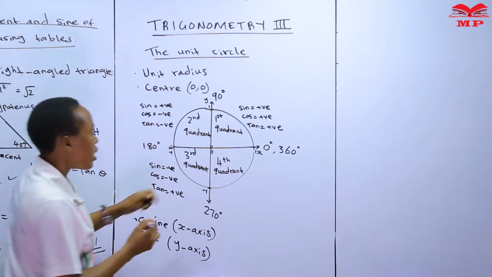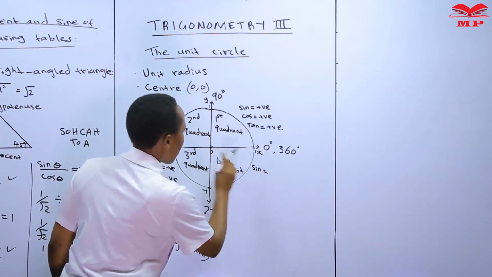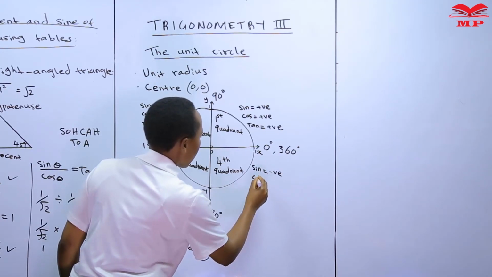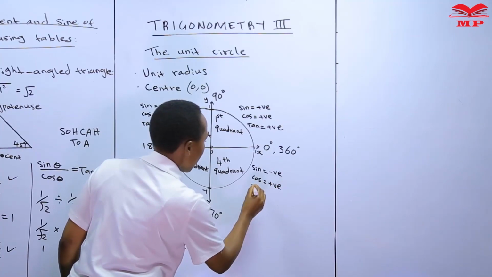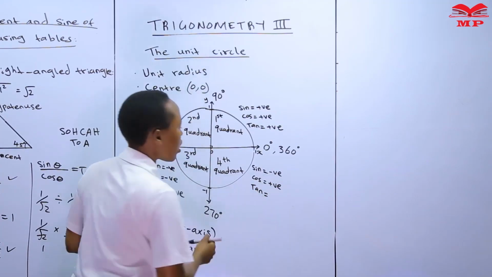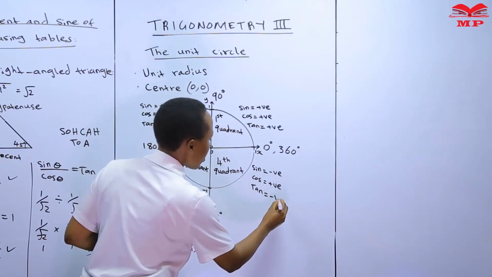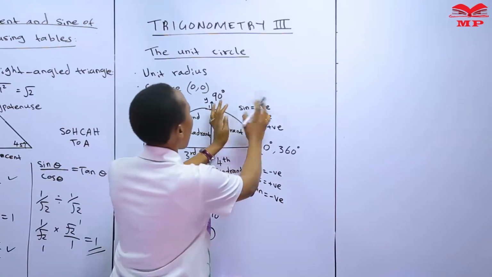Then finally, in our fourth quadrant, the sine on the y-axis is negative. The cos on the x-axis is positive, and therefore the tangent in this case will be negative over positive, which is negative.